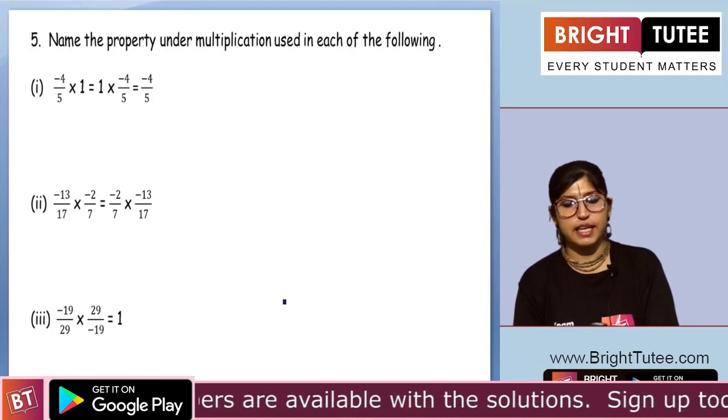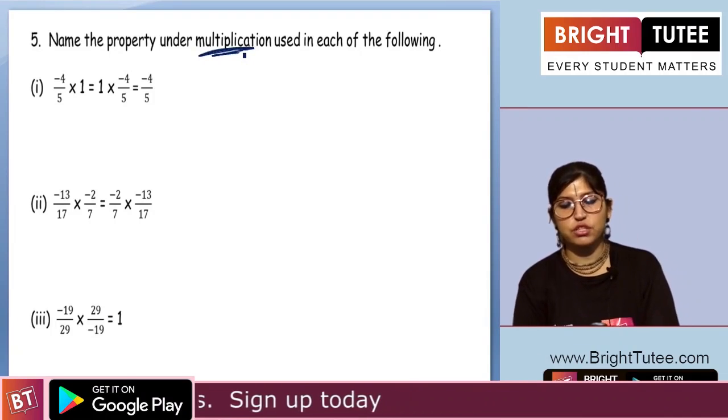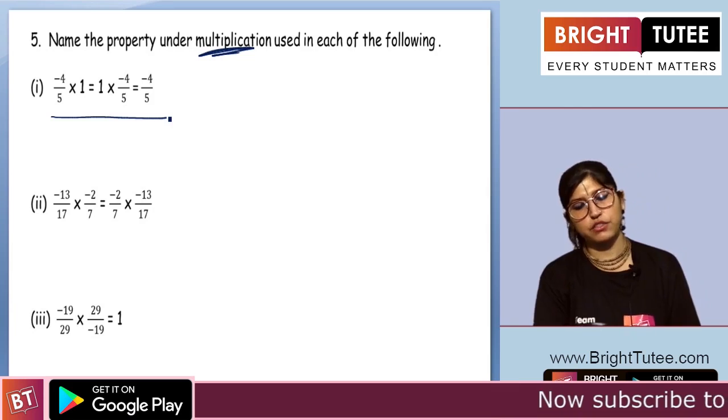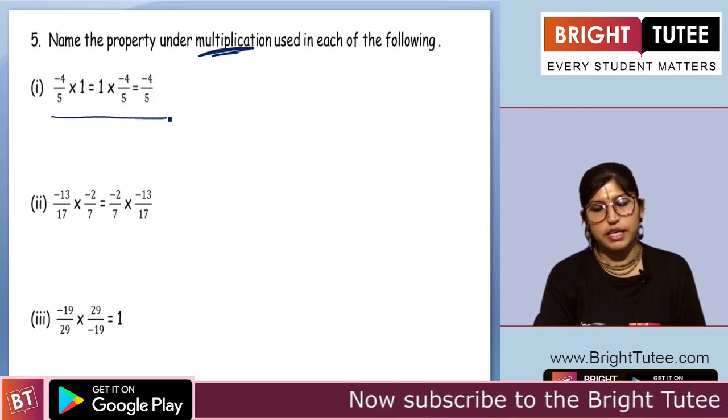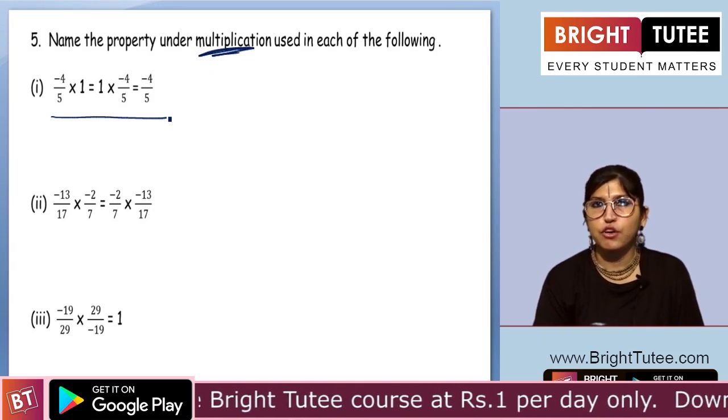Another question says: name the property under multiplication used in each of the following. Let's start with the very first part. Minus 4 by 5 into 1 equals 1 into minus 4 by 5 equals minus 4 by 5.